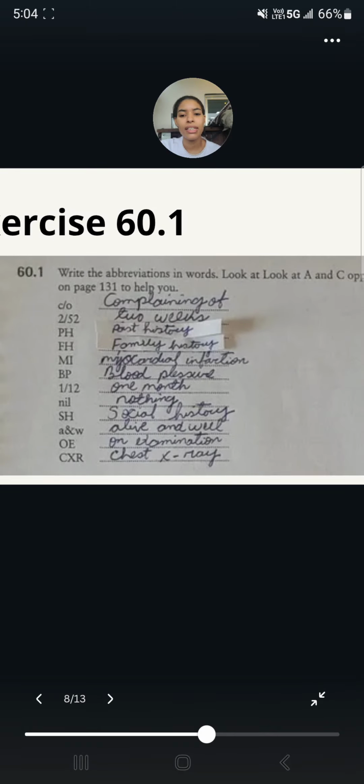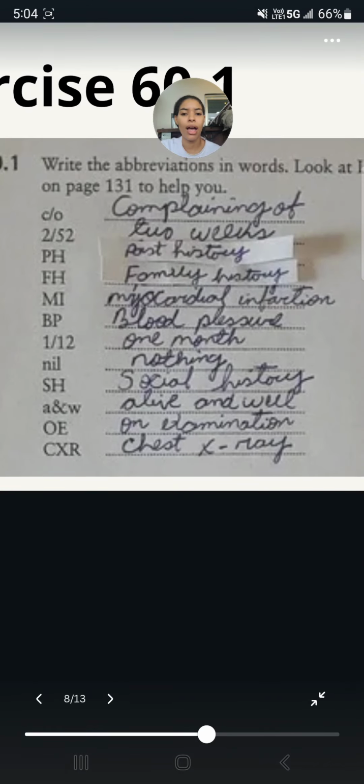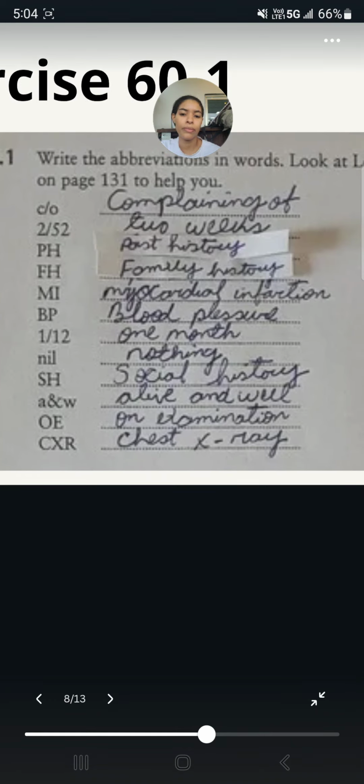So we have the C/O, complaining of; 2/52, 2 weeks; PH, past history; FH, family history; MI, myocardial infarction; BP, blood pressure; 1/12, 1 month; NIL or nil, nothing; SH, social history; A&W, alive and well; OE, on examination; and CXR, chest x-ray.